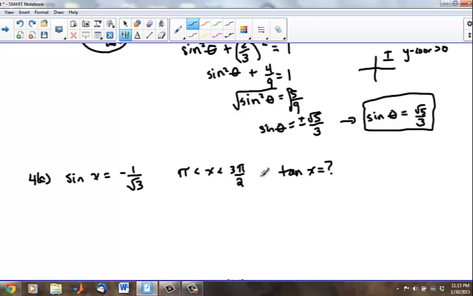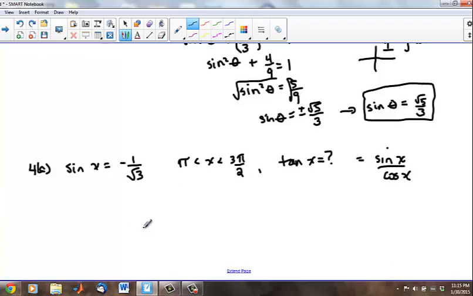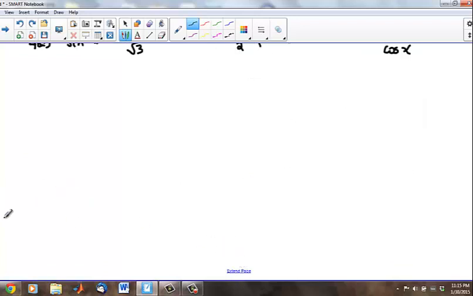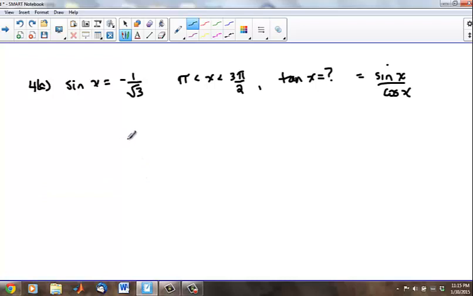Now, of course, we know tan x is equal to sine x over cosine x. We're given sine x, so we need to find cosine x. So we're going to use the trig identity again.